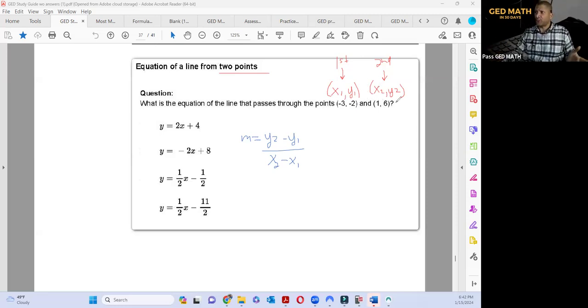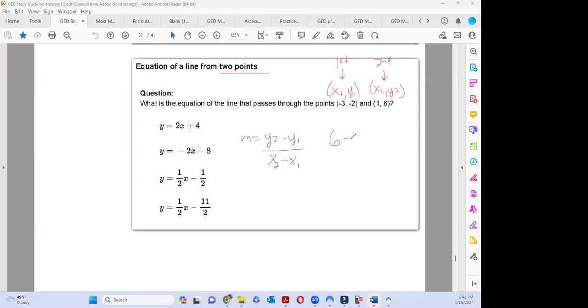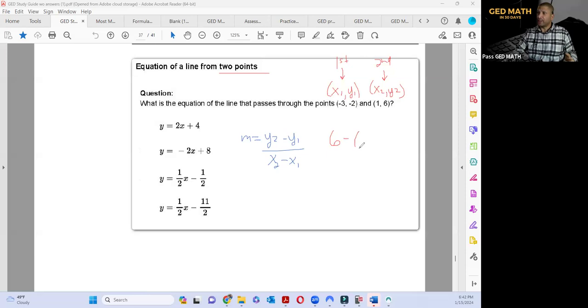I know what y2 is. y2 is 6, right there. Minus y1 is minus 2. If you notice, I enclosed the negative 2 in parentheses so you will not get it confused with the minus sign from the equation. x2 is 1, minus x1, which is minus 3.